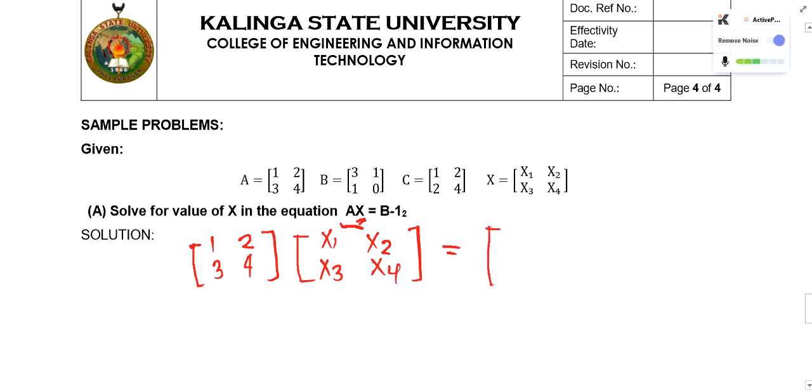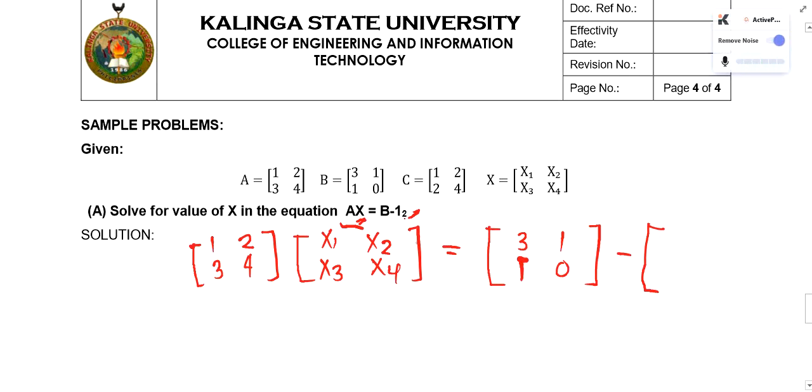So, that is equal to B. Ano yung matrix ng B natin? This is 3, 1, 1, 0, minus I2. Pag sinabi natin I2, that is equal to the identity matrix of a 2 by 2 matrix. Sabi natin yung identity matrix, lahat ng diagonal is 1, yung upper and lower niya is 0.